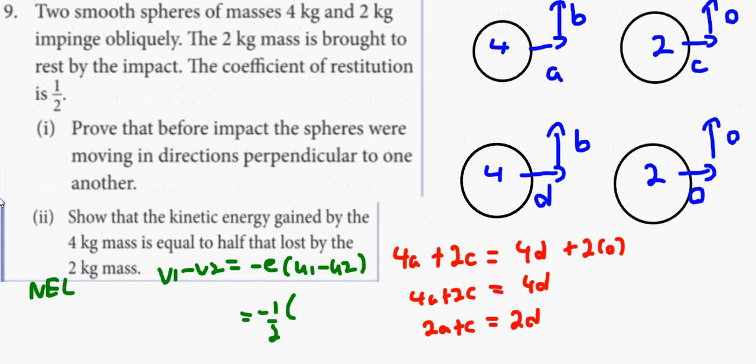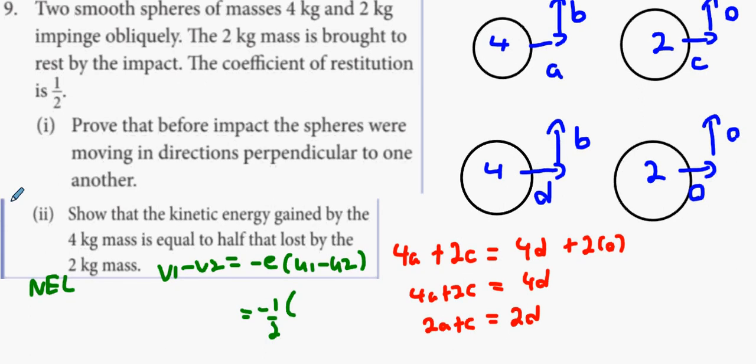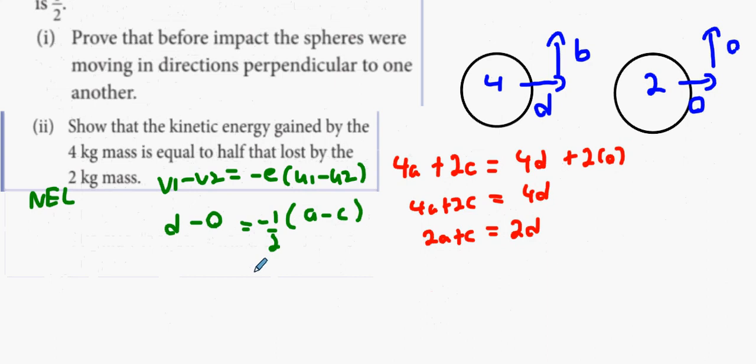Now it's going to be A minus C here. And then V is going to be D minus 0. Okay, let's rearrange this. I'm going to cross multiply up that 2. So I'm going to get 2D equals minus A plus C.